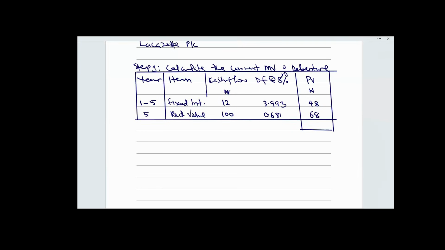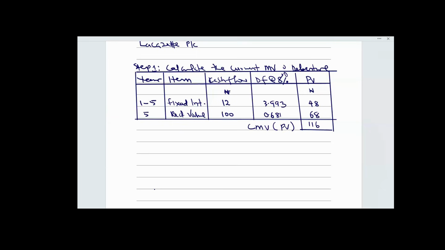Market value is the same thing as present value, however you want to put it. So this will be 116 naira. This is the current market value, that is the present value of this debenture. The market value of the debenture is 116 naira.